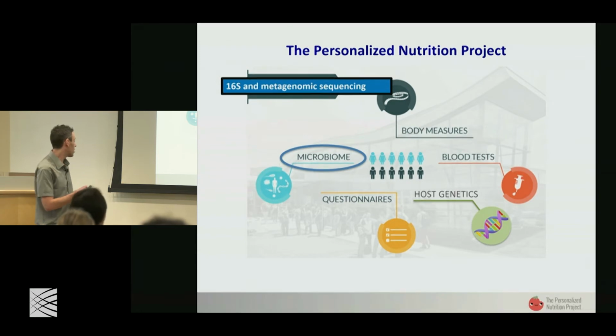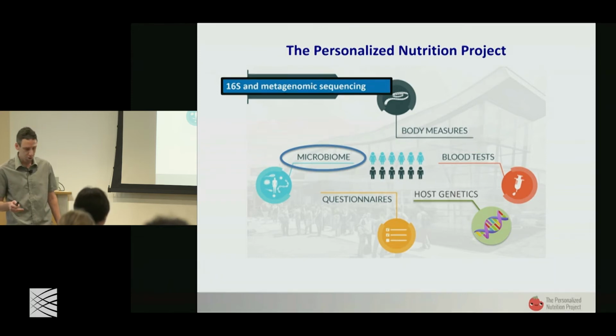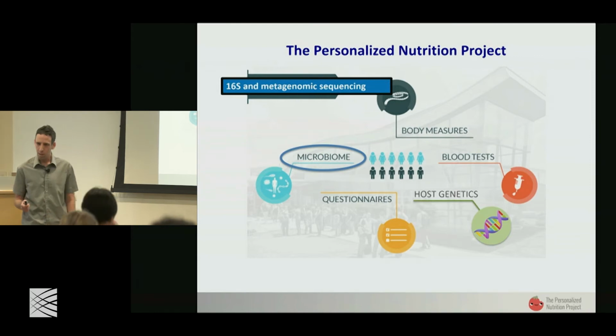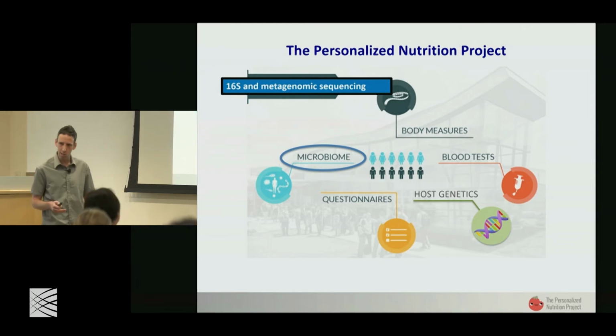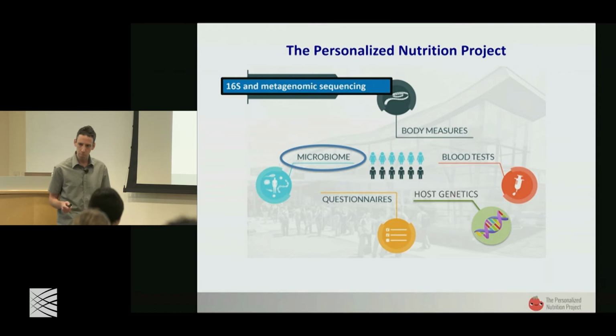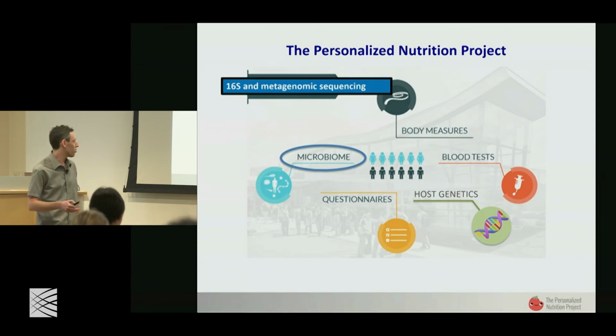So both 16S ribosomal RNA gene sequencing, which is a pretty inexpensive technique, but has lower resolution. But we also had metagenomic sequencing of the gut microbiomes. So this is essentially shotgun sequencing applied to the gut microbiome. So we essentially had the entire sequence of the gut microbiome of every participant, which is cool.